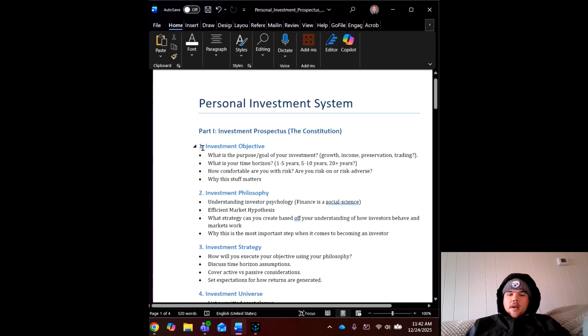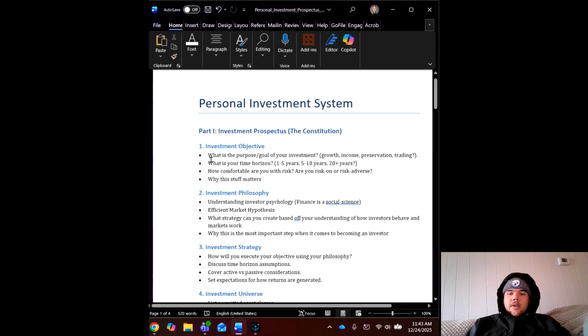So, going into the first section of your investment prospectus, it is your investment objective. An investment objective is something that we can use to determine the optimal portfolio mix for our portfolio. It's a way to choose investments based on guidelines or your investment objective.